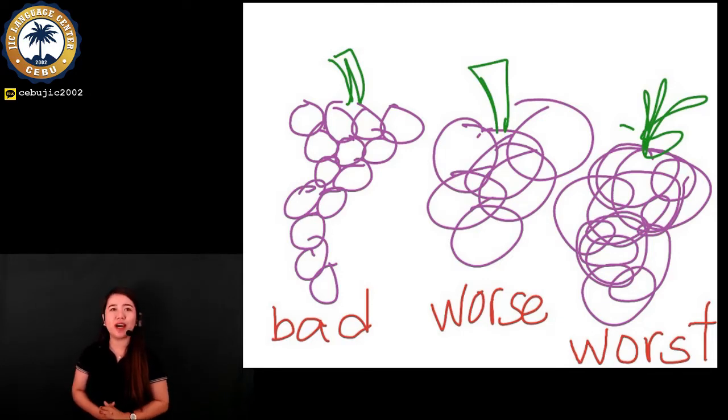Yes, the first one, it's a bad drawing of a grape. How about the second drawing? It's worse than the first drawing. And the third drawing is worse than the first and the second drawing. As you can observe, we cannot identify if it is really grapes. All right?